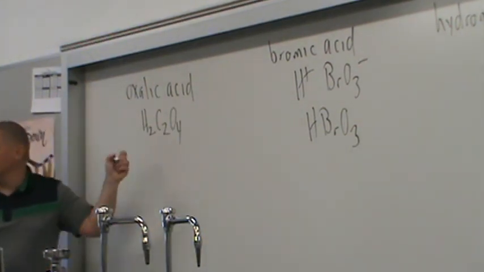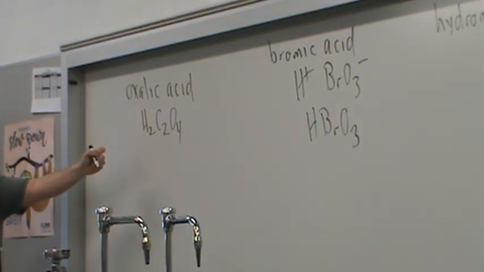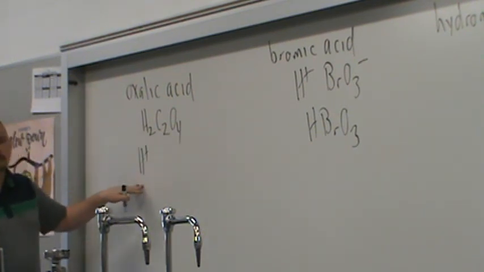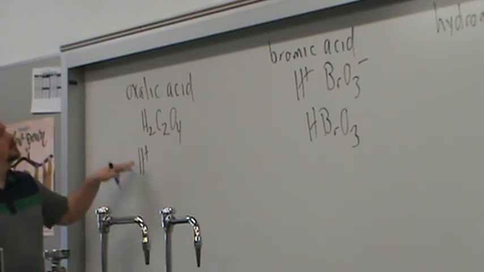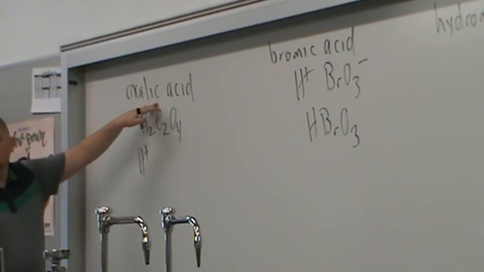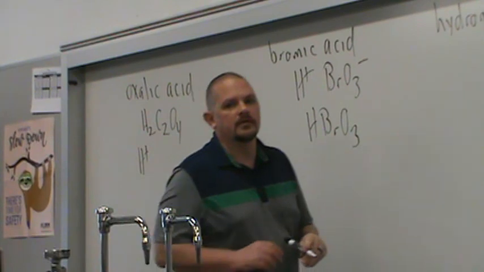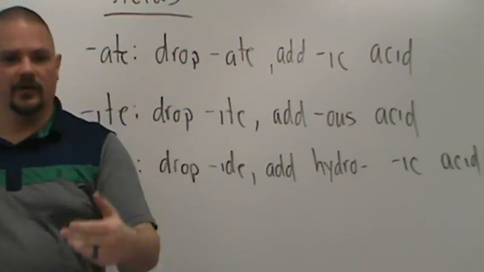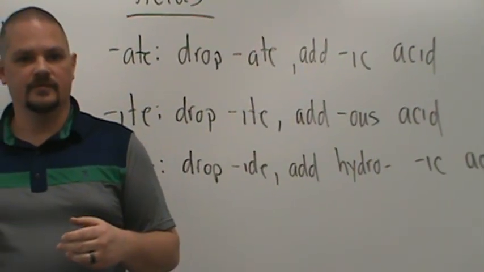H2C2O4. Anybody else come up with H2C2O4? That is correct. You might need to see how that comes out. Always hydrogen ion, right? Our acid ends with IC. That's telling us that the anion ends with ATE, so look at your polyatomic ion list first.